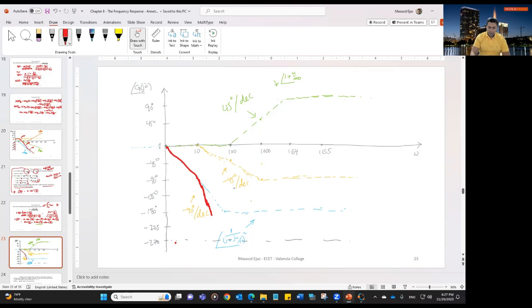And then after 100, its slope is going to be again this until it will hit negative 270 degrees. Actually, at 100, it is increasing. So I'll have to go back and fix it.